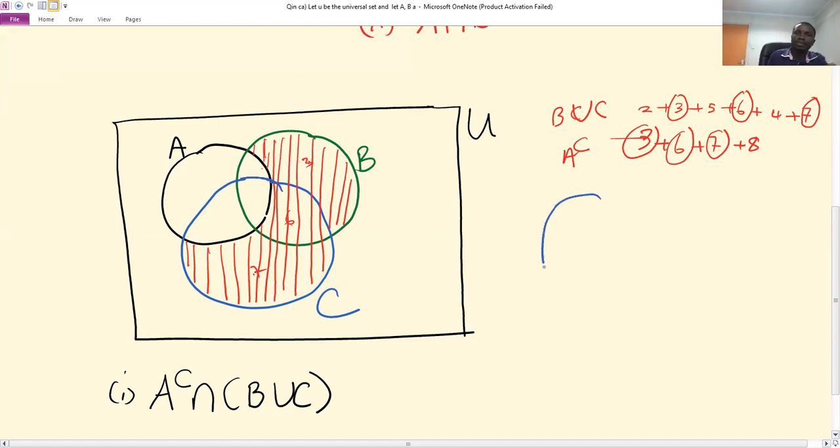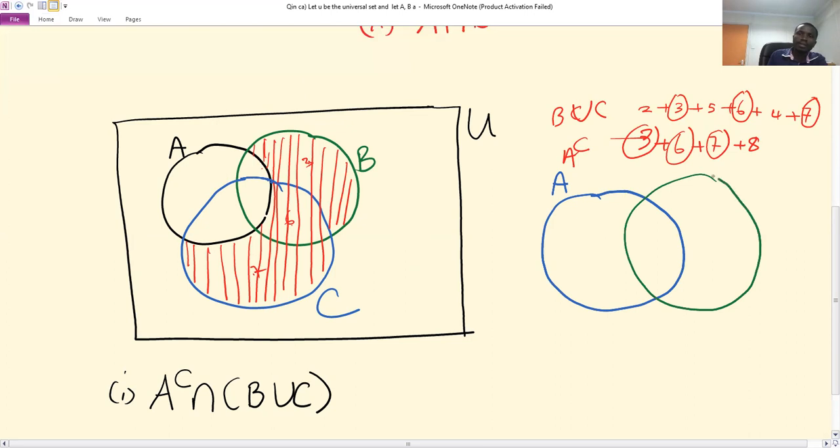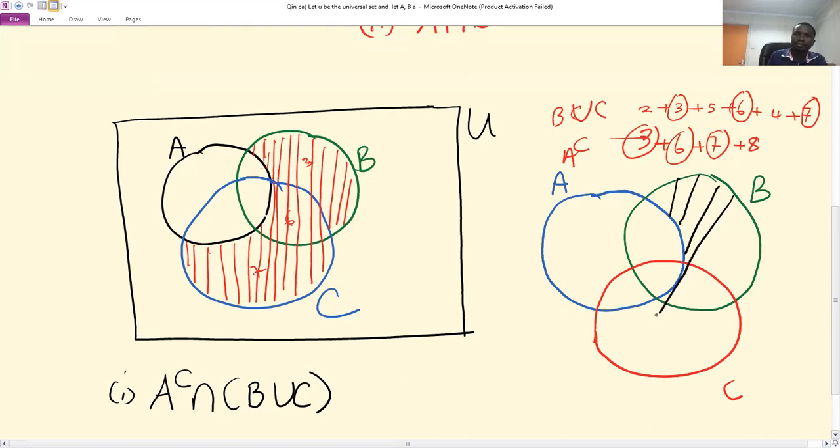If you draw this, assuming you draw this as set A, and then this as set B, and then this as set C, and you shade, this will be wrong because you have not shown the universal set, yet the universal set was specified in the problem.